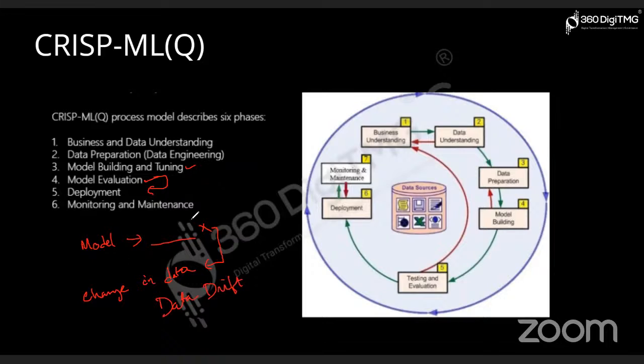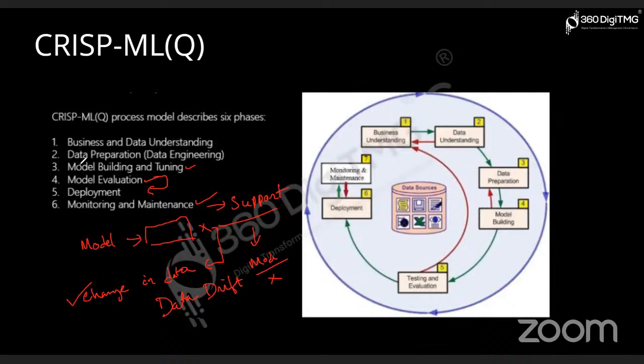So we need to figure out what changes we should make in our model so that even with change in data, our model still predicts well. So we have to give support also after the project is done. If this is not provided, then this model or this app will not be used that much. It will die out at the end.